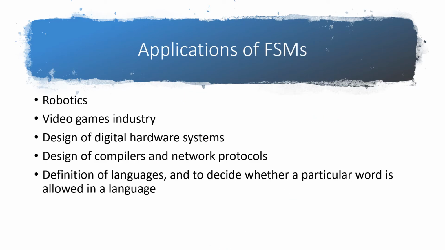I can imagine what you're thinking right now: why is this important? Finite state machines are used a lot. For example, in robotics, so anything to do with robot control or robot tasks, things like production line robots, not just robotic arms and things like that.